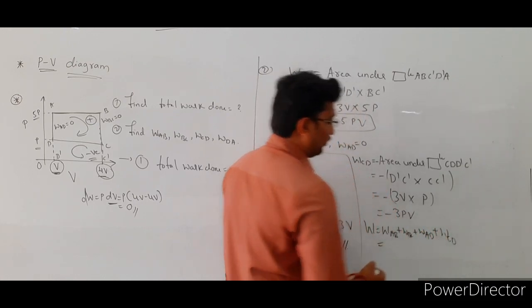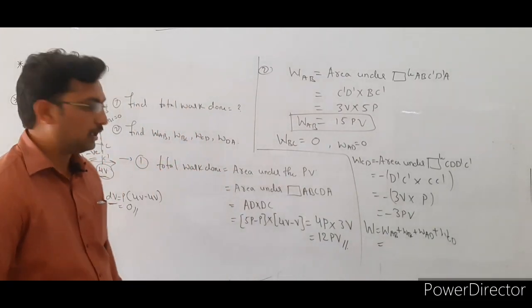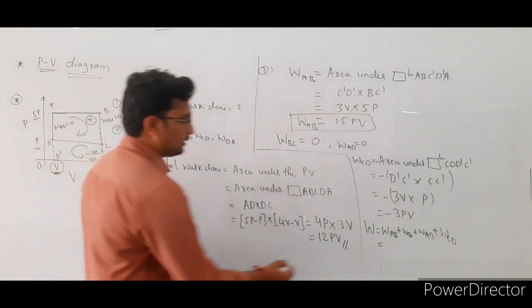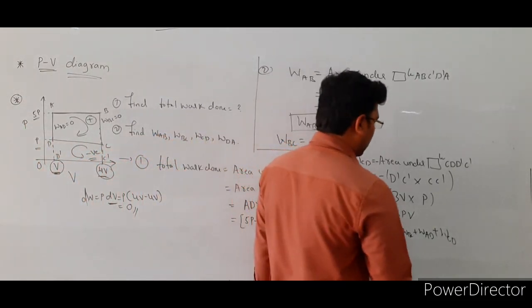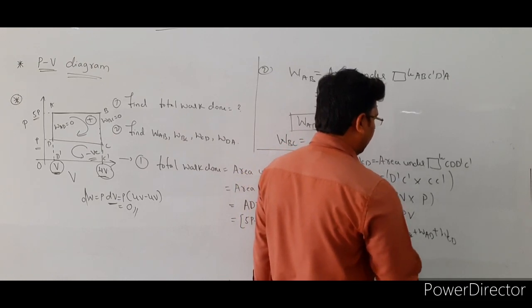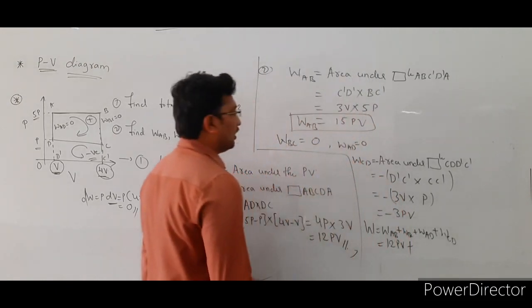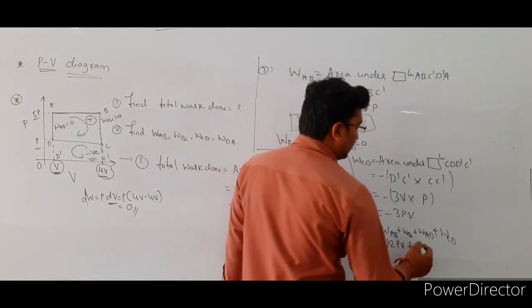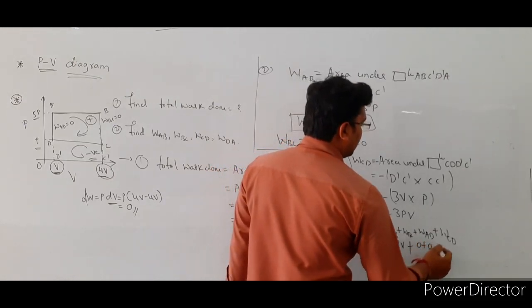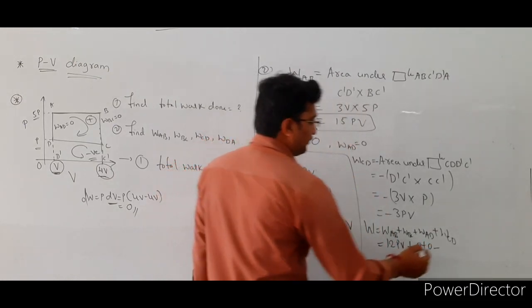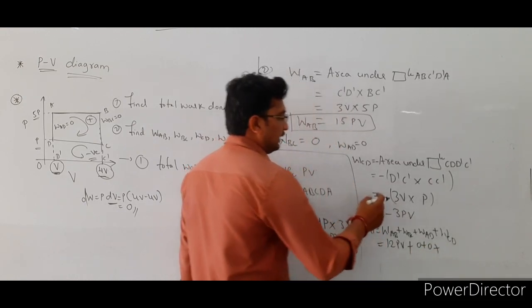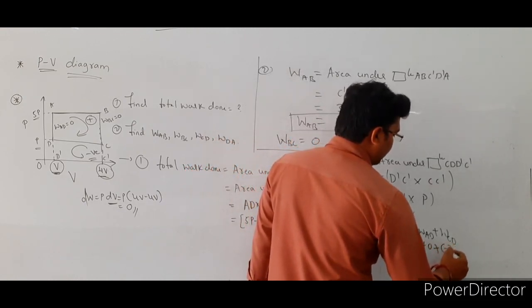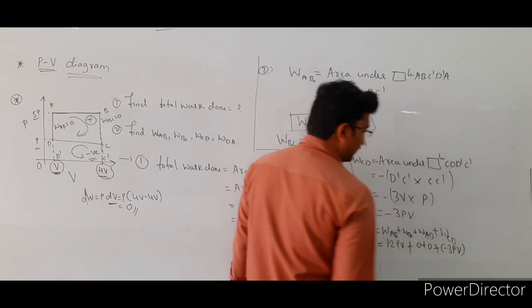Okay, see here, the work done along AB is 12 PV, plus the work done along BC and along AD, which is 0 plus 0, next plus the work done along CD, that is minus 3 PV, right?